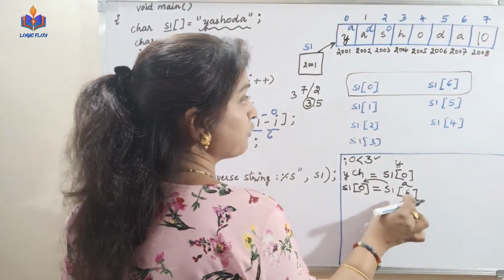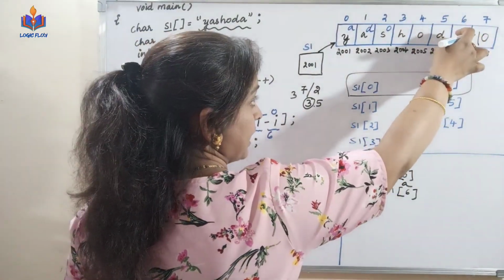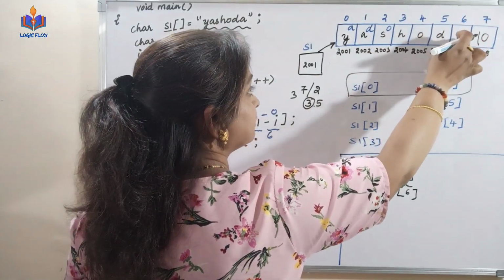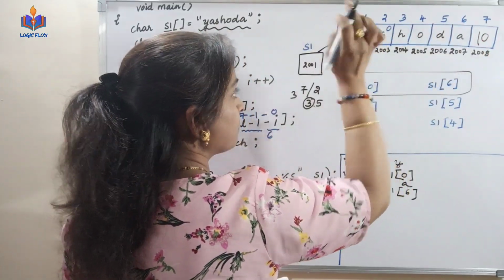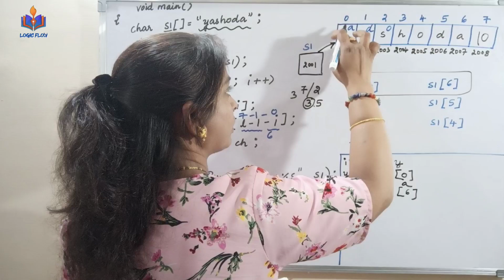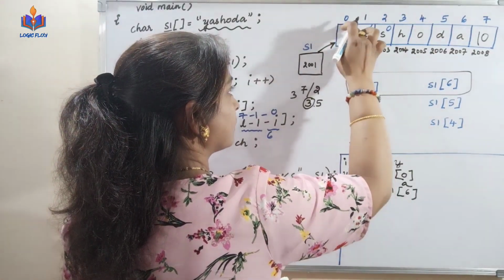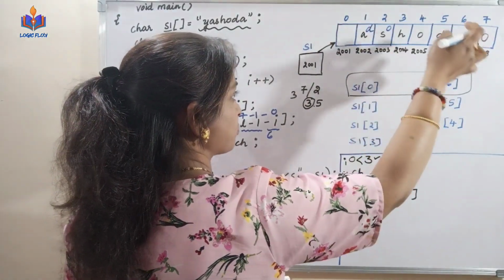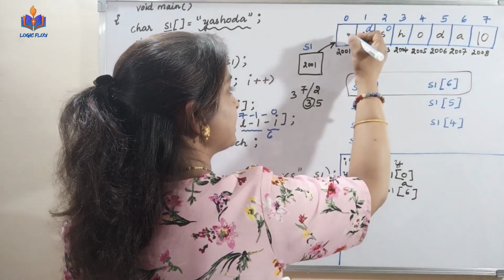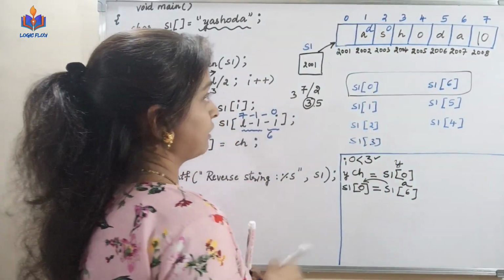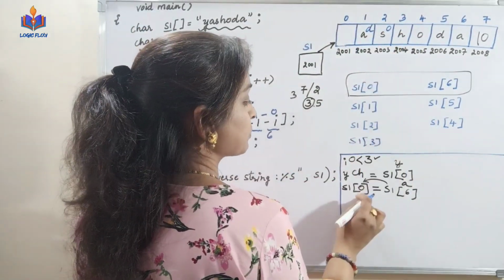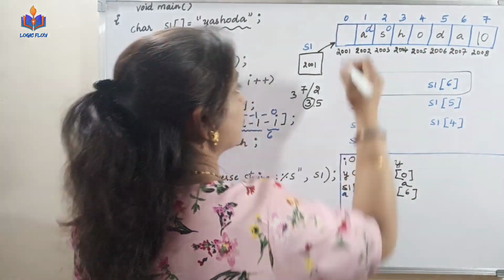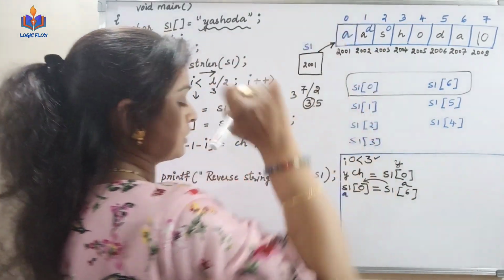S1 of 6, which is A, I am overwriting to this particular position. So S1 of 0 became the value of S1 of 6. Let me write it in a different color. S1 of 0 will have A now. Got it.